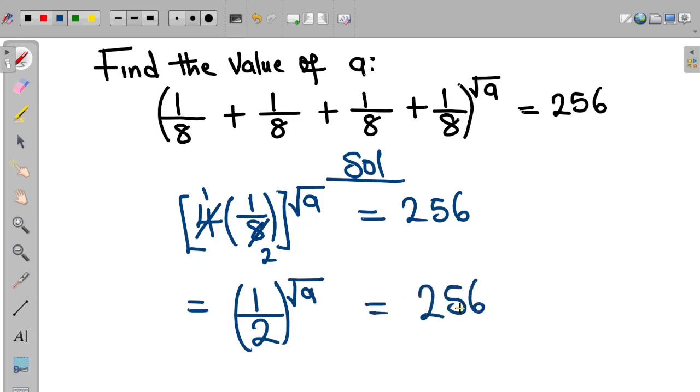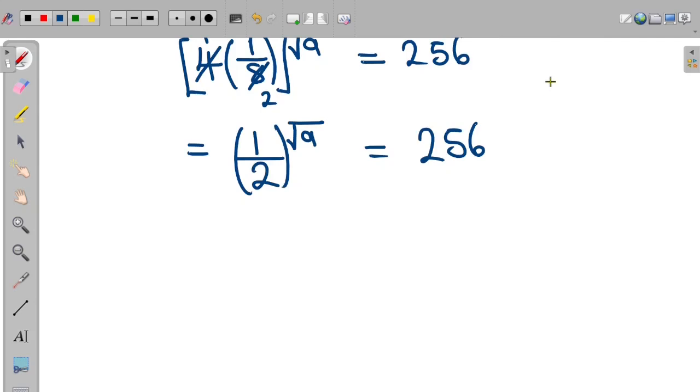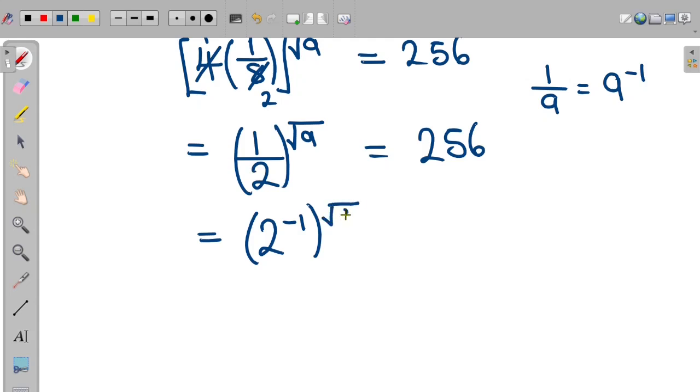256. So from indices, we know that 1 divided by a can be expressed as a to the power of negative 1. Also, 1 divided by 2 becomes 2 to the power of negative 1, all enclosed in a bracket, all raised to the power of root a, equal to.